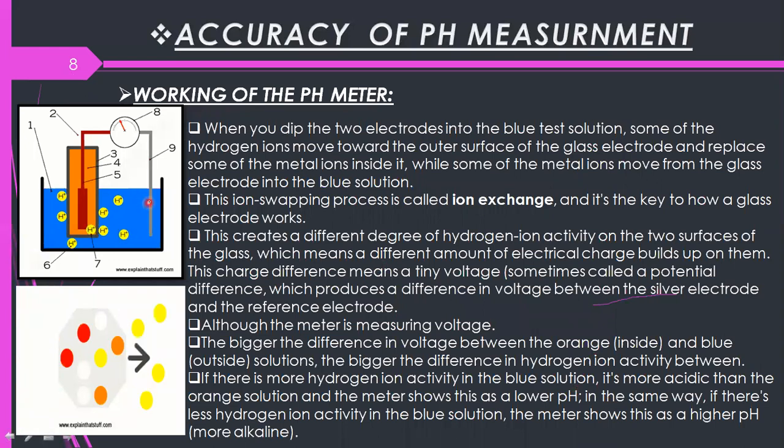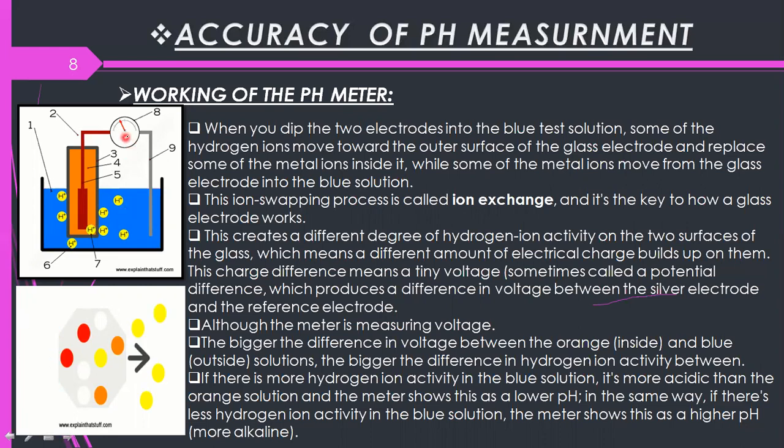Next is the working of the pH meter. When we dip the reference electrode in the blue solution and the glass electrode in the solution of the known pH, the ions from this blue solution will transfer into this solution and will replace the metal ion. This process is known as ion exchange, and when this process takes place, it will create a potential difference which we will read on this meter.